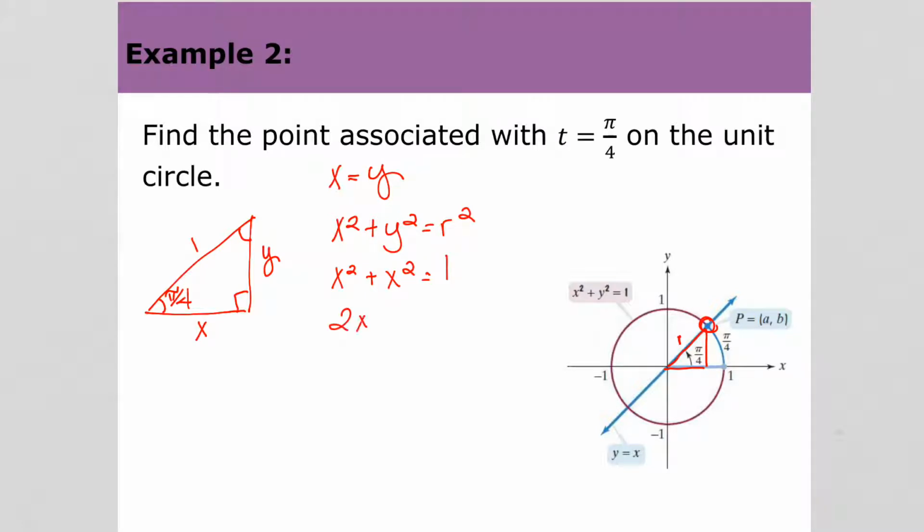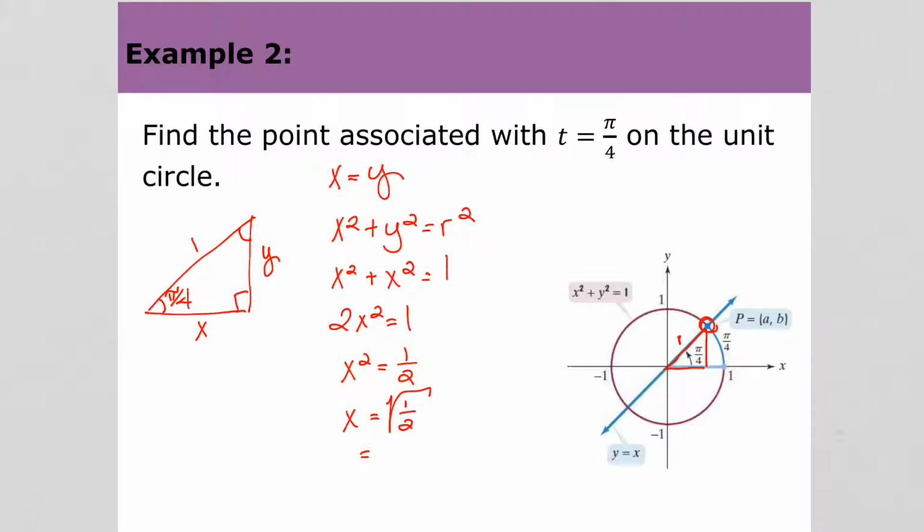So all we've got is 2x squared equals 1. x squared equals 1/2. Take the square root, and since we're dealing with the positive axis here, we're just going to do a positive answer. We'll take the square root of 1/2.